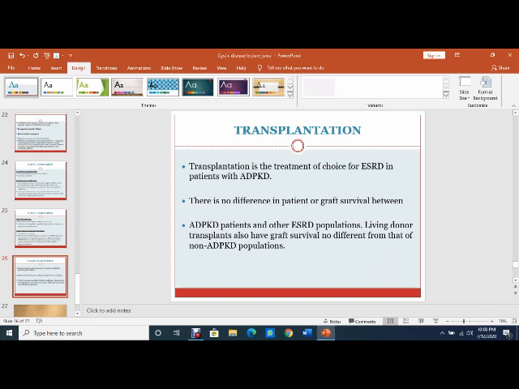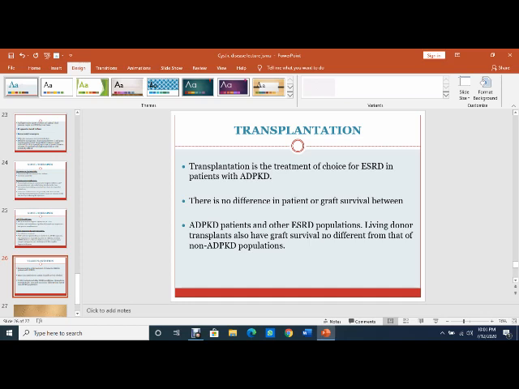Sometimes these patients develop end stage renal disease, and then the treatment of choice is renal replacement therapy in terms of transplantation or maintenance hemodialysis. Transplantation is the treatment of choice for end-stage renal disease in patients with autosomal dominant polycystic kidney disease.